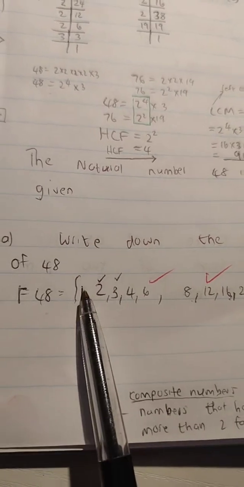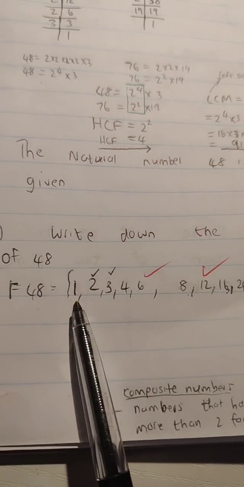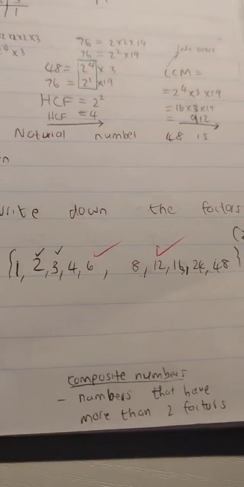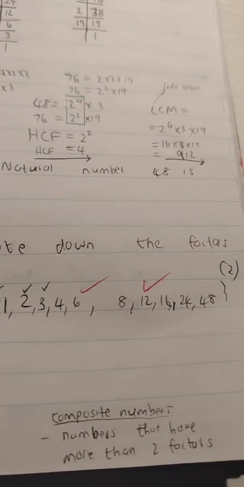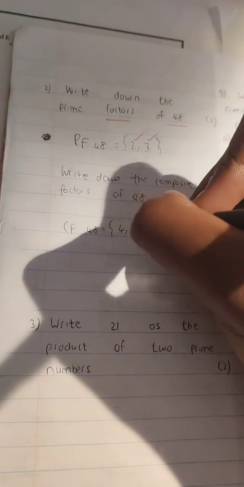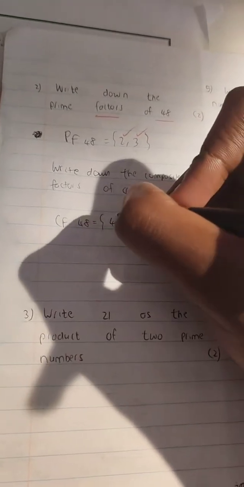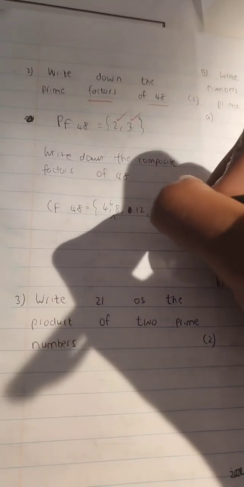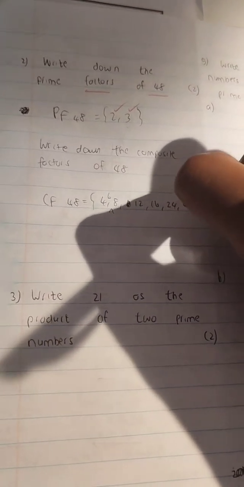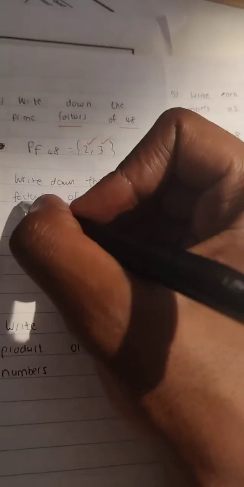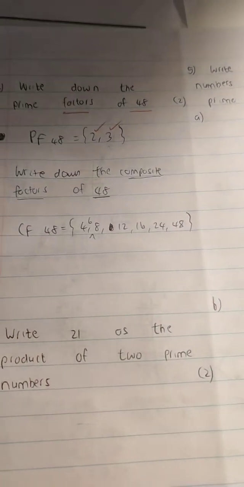Okay, guys, 1 is neither a prime number nor a composite number. So the composite factors of 48 are 4, 6, 8, 12, 16, 24, 48.